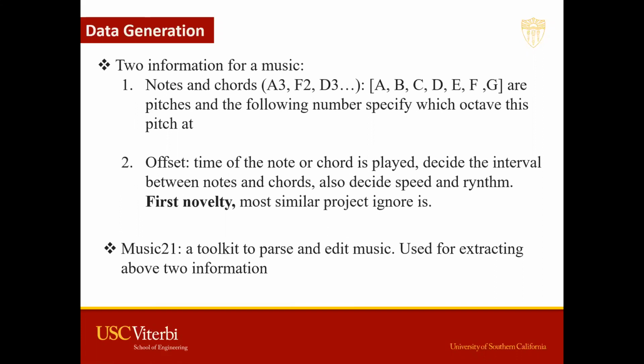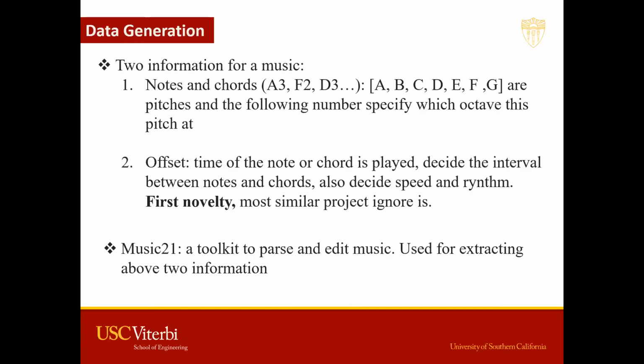The A, B, C, D, E, F, G are pitches, and the following numbers specify which octave the pitch is at. The second piece of information is offset. Offset is the time at which the note or chord is played. It decides the interval between the notes and chords, and also decides the speed and the rhythm of the music. This is our first novelty. Most similar projects ignore this.